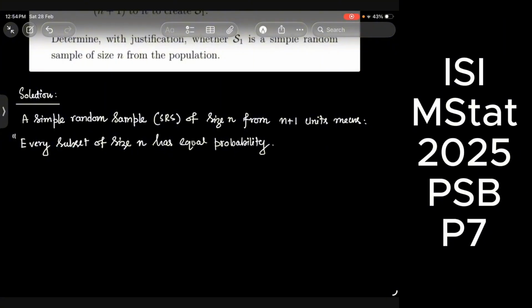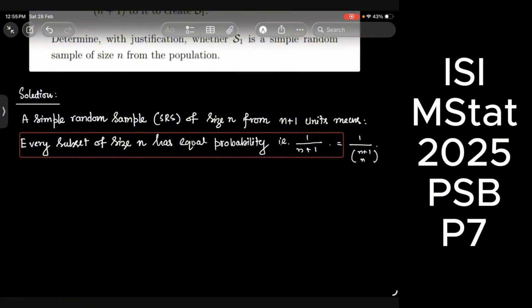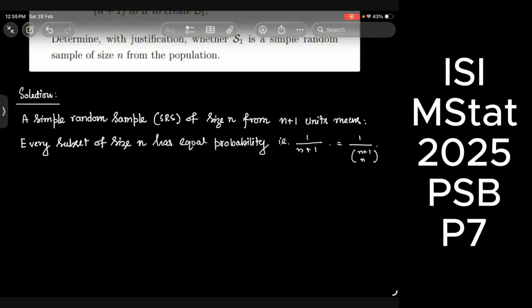How is it coming 1 by n plus 1 chosen, right? We have to prove it.